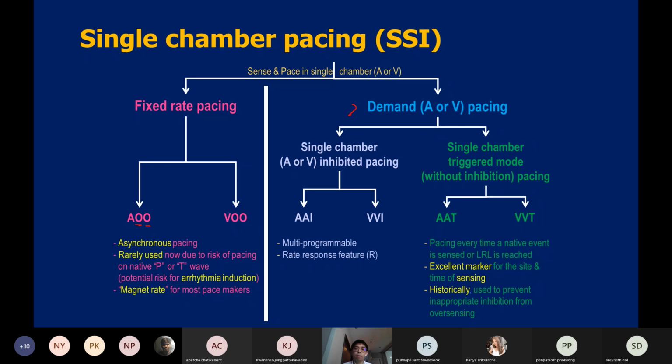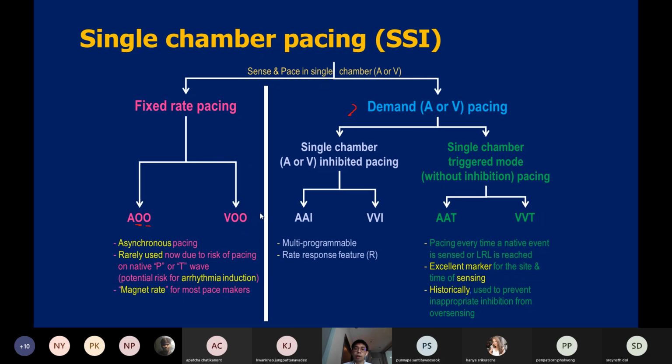This type of pacemaker is not widely used nowadays. In the past, we used it to prevent inappropriate inhibition from oversensing. This means that if there is some oversensing, the pacemaker would trigger itself and pace to prevent an unwanted event from the oversensing.